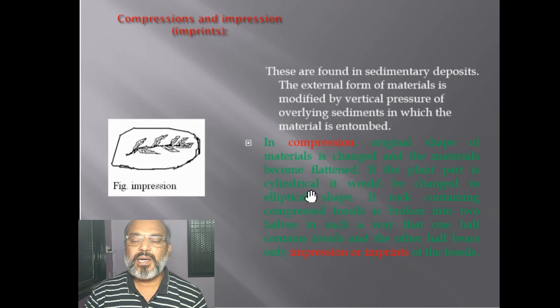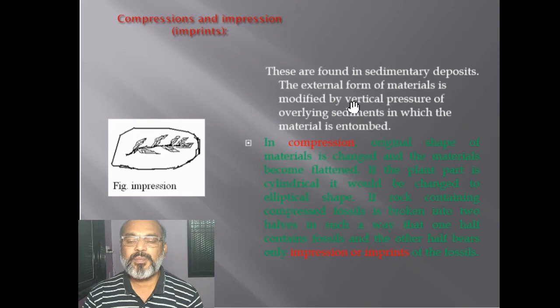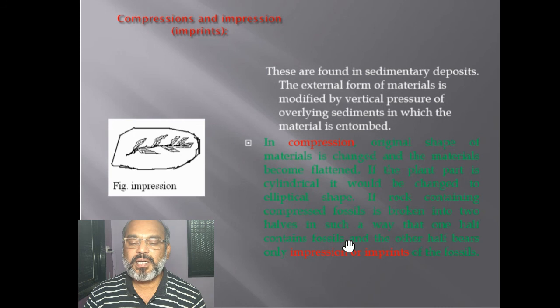In a plant part, if it is cylindrical, it is converted into an elliptical shape because of the vertical pressure. If the rock containing a compressed fossil is broken into two parts, one part contains the fossil and the other half contains the impression.